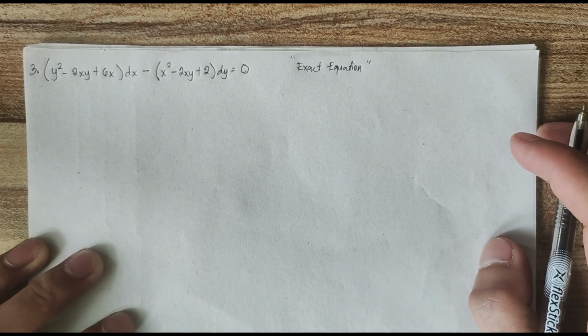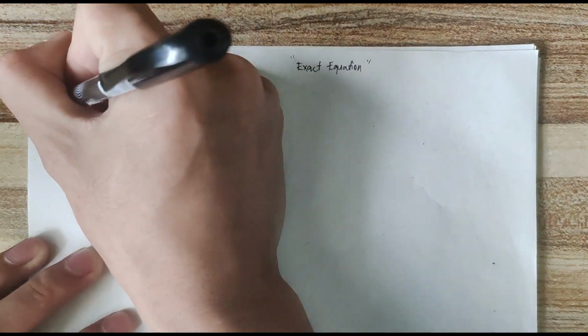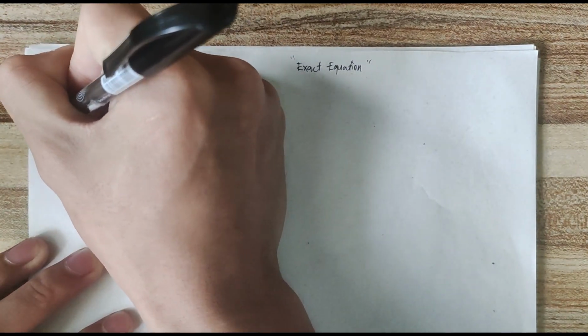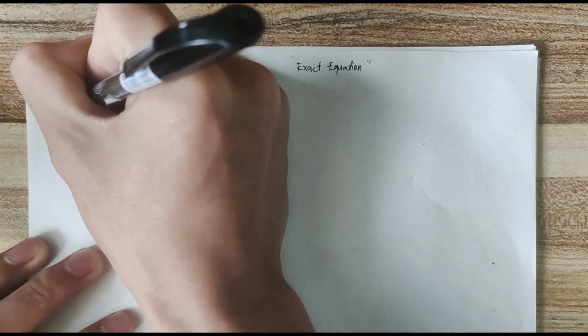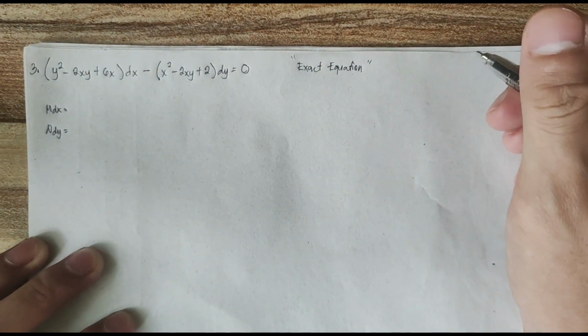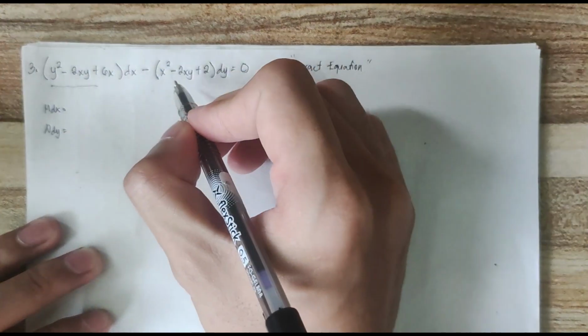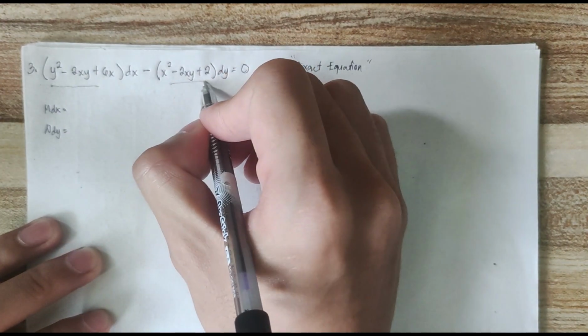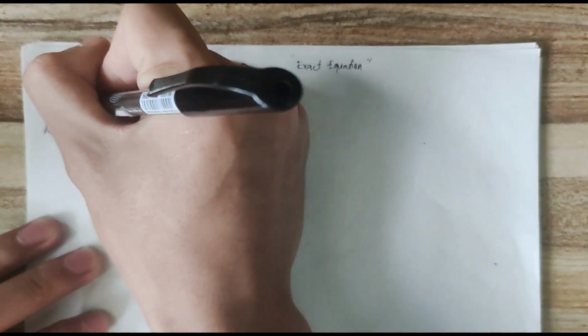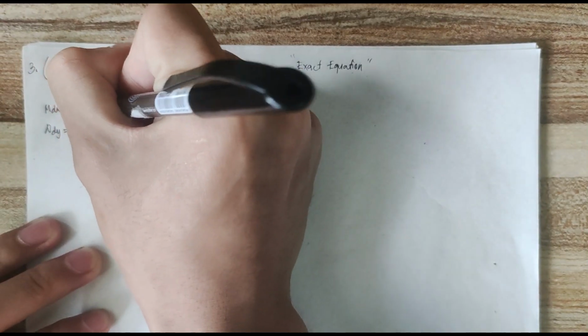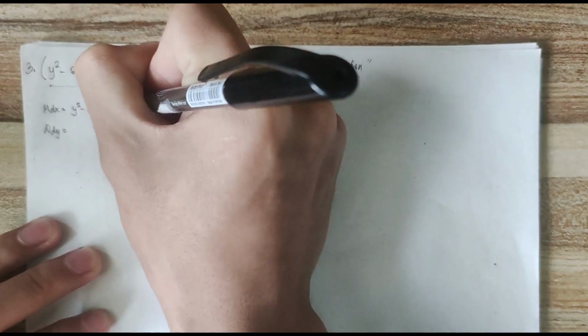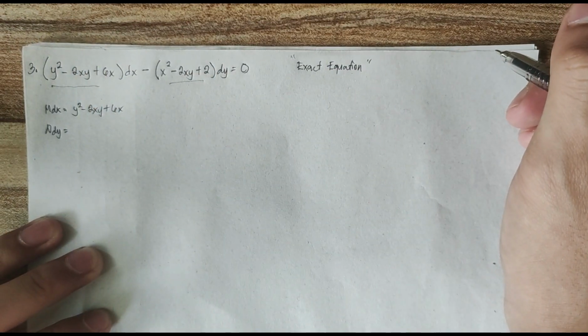So first and foremost, we need to find the value of our M dx and N dy. So the value of our M dx is this quantity, and for N dy is this quantity. So we have here y squared minus 2xy plus 6x for our M dx.